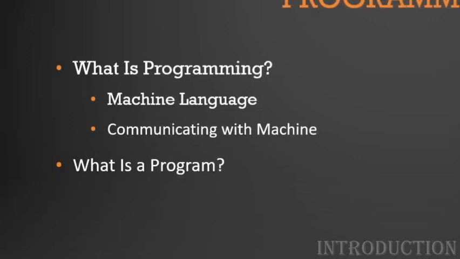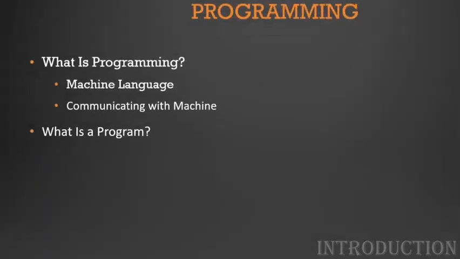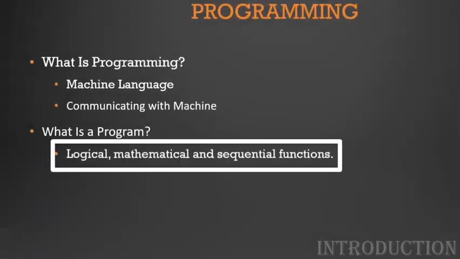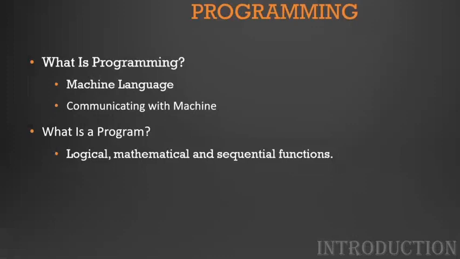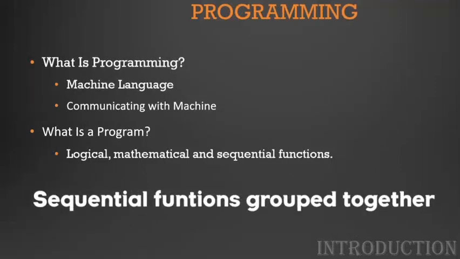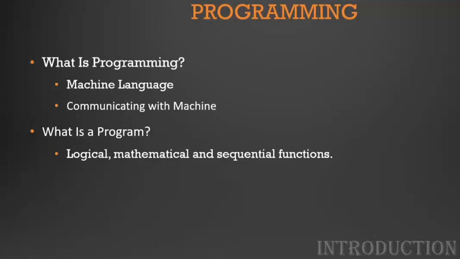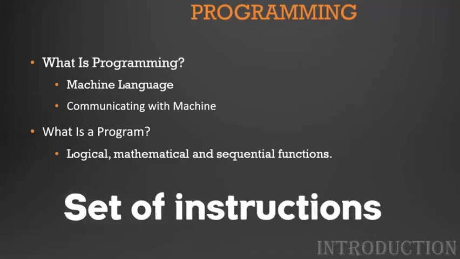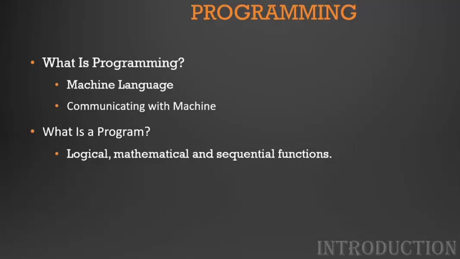So what exactly is a program? A program is a group of logical, mathematical, and sequential functions grouped together. Here, with respect to logical, definitely we need some kind of logic that will work with our systems. It will be like a set of instructions. For example, imagine yourself sitting in an offline classroom, not our virtual live online classroom.